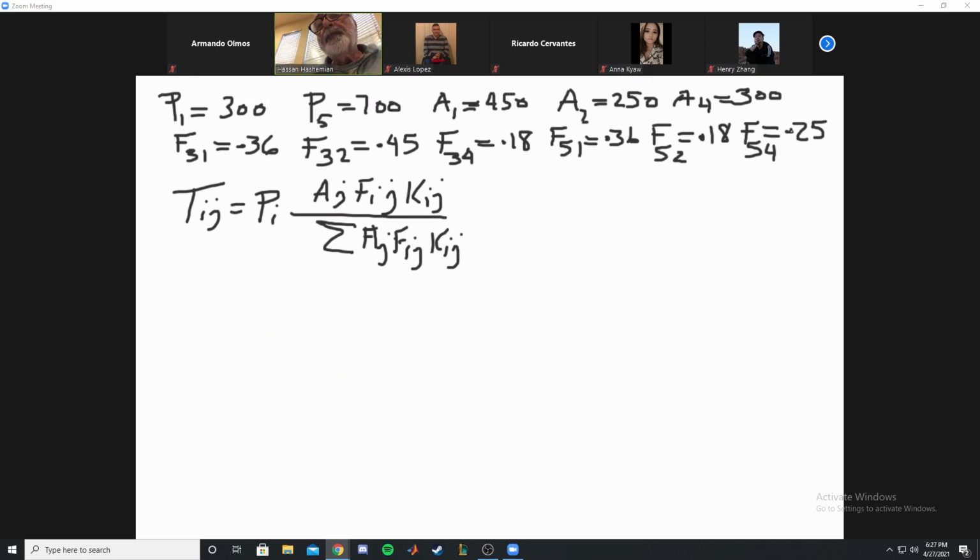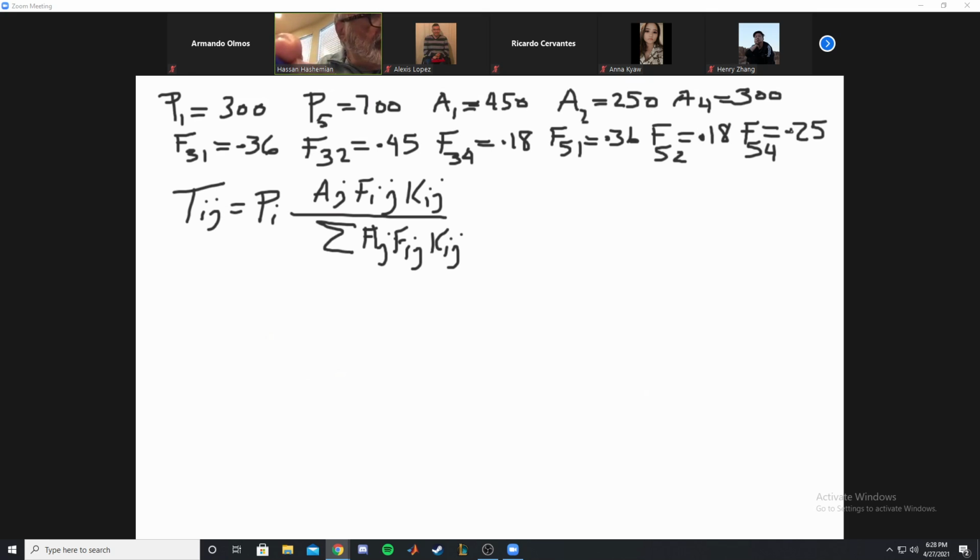All right. So you can use the formula to do that, or you could just do as a table, exactly like an example problem in the book. You should have looked at it, how to do it, or you did the homework exactly like that. So they say use Kij equal to 1.